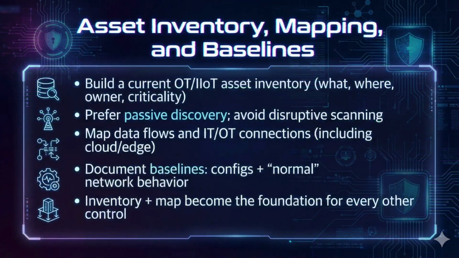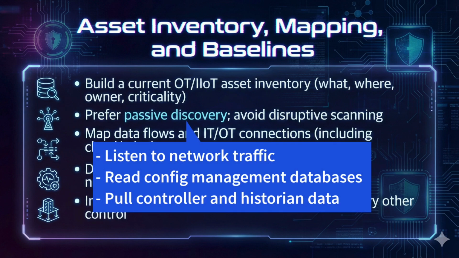The first engineering step in OT security is knowing what exists. You can't protect, monitor, or recover what you haven't identified, so we build an OT asset inventory and a network/system map. In OT, discovery needs to be gentle.